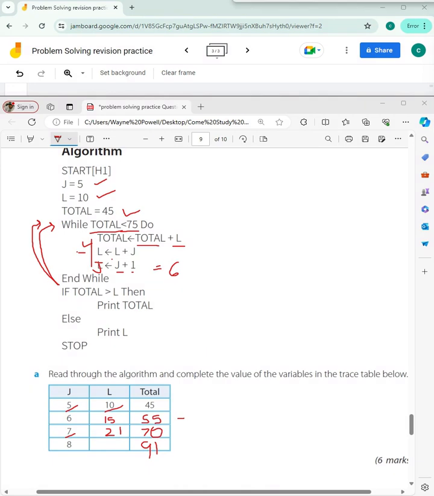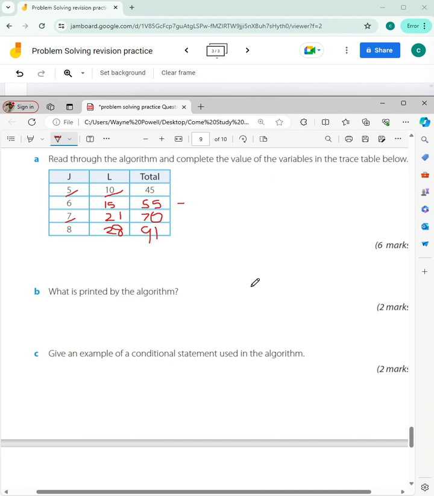And L will now be L plus J, so we have 7 plus 21, which should be 28. And that would be the trace for this. I hope you're trying while we're working on this. All right. Moving on, next question.